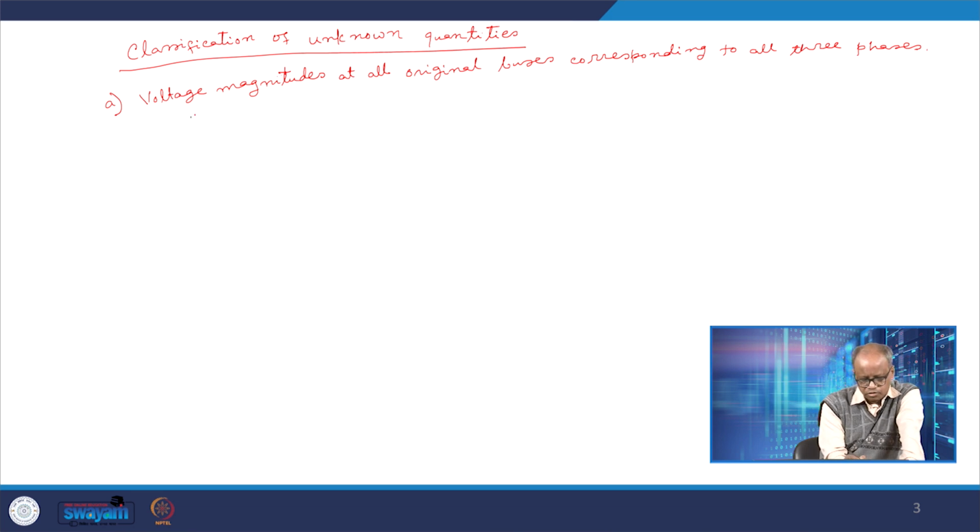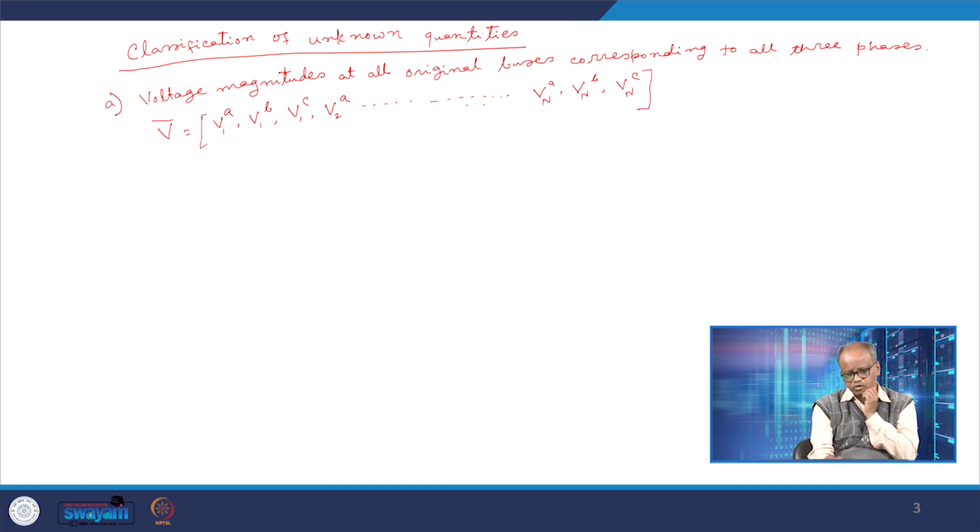So this is first. We denote this as a vector V, and this vector is V1a, V1b, V1c, V2a, and so on, up to Vna, Vnb, Vnc, transpose.